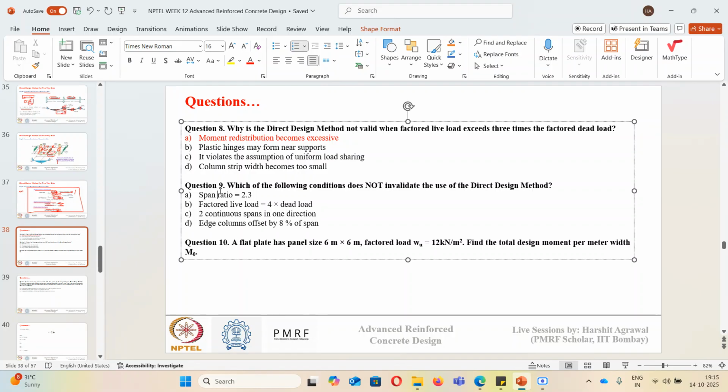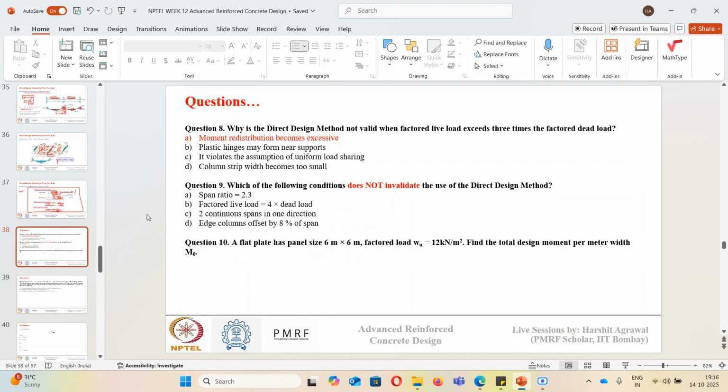Question number 9. Which of the following conditions does not invalidate the use of the direct design method? Just focus on this phrase: does not invalidate the use. I have given you four conditions. Which of these conditions will remain true, and which three conditions are false for the direct design method? We are saying does not invalidate, so which is valid?